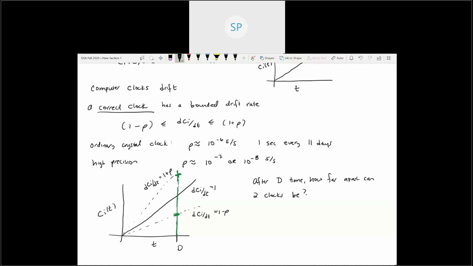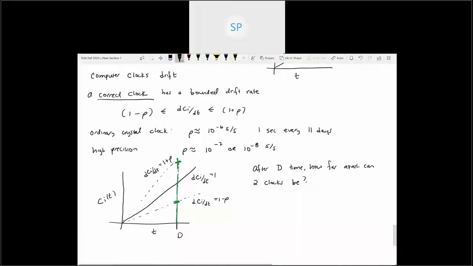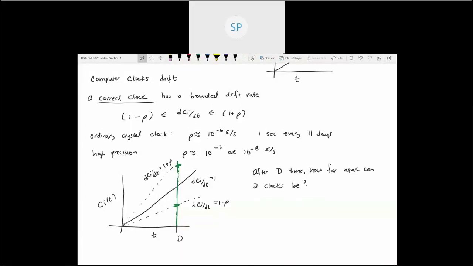Okay. All right, so for me, who is terribly not good at this, I will do this the very slow way. We have our slow clock, and it's going to tick at a rate of 1 minus rho, and we have our fast clock, and it's going to tick at 1 plus rho.